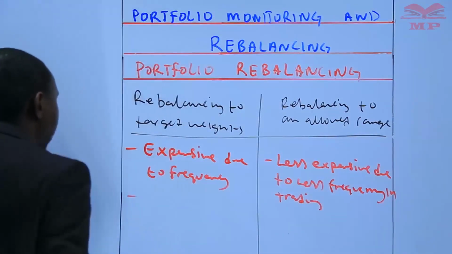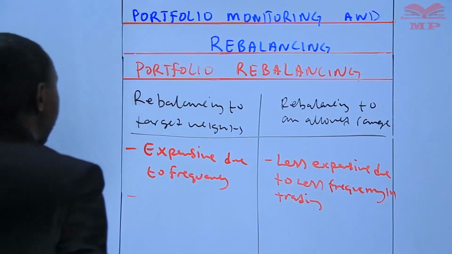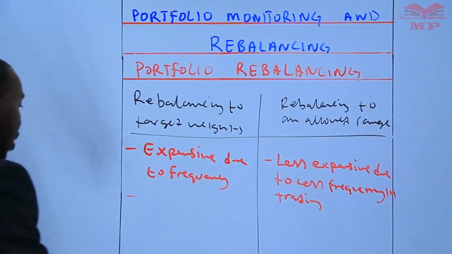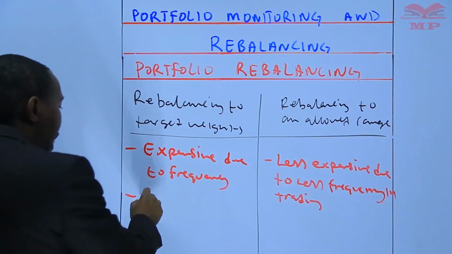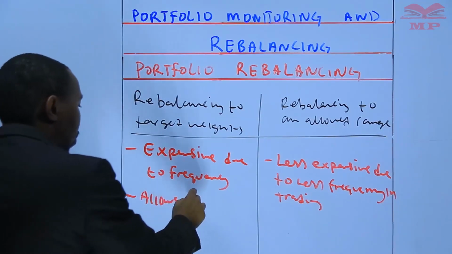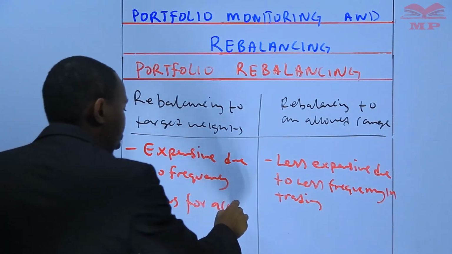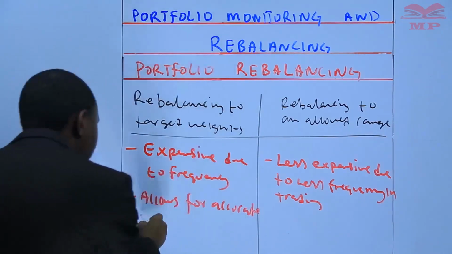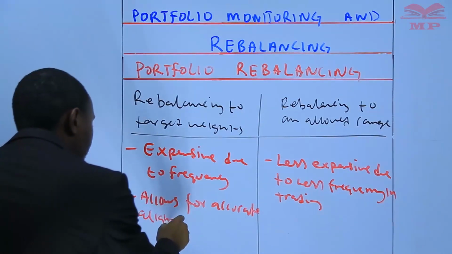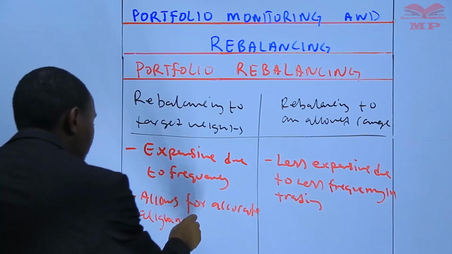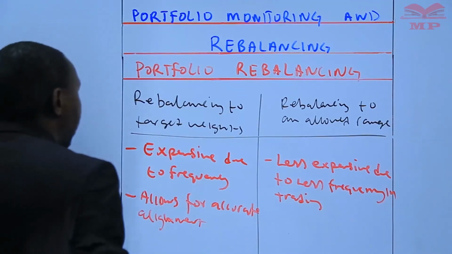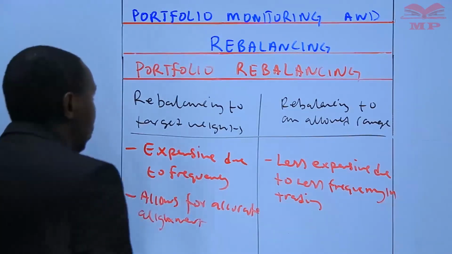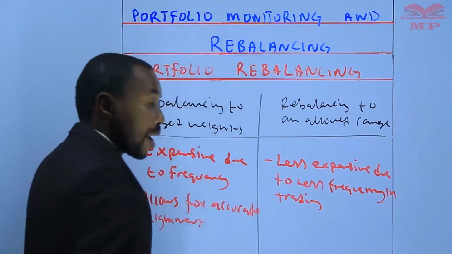The second point is that target weights allows for accurate alignment of the portfolio. And the allowed range allows for room for tactical adjustments.